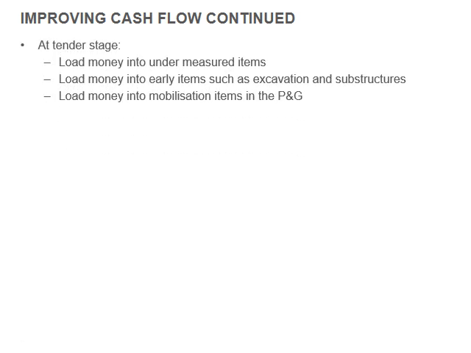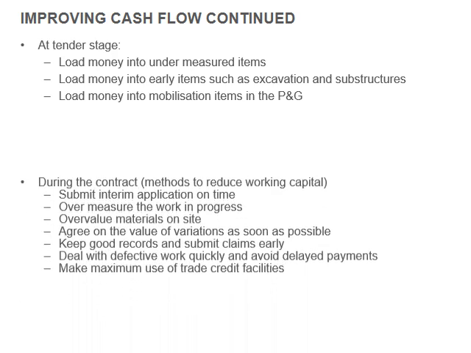Okay. So the things to improve your cash flow: at tender stage, load money in under measured items, load your money into early items such as excavations, subcontractors, load money into mobilization items in the P's and G's.